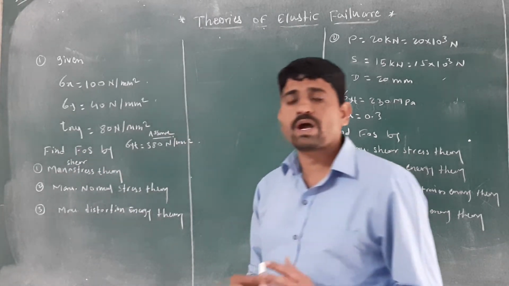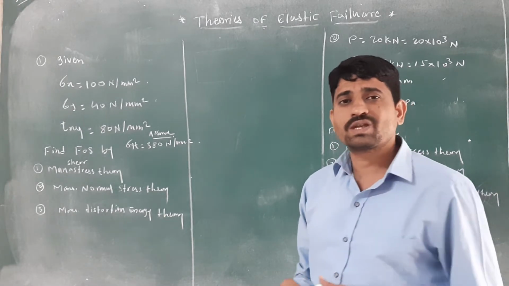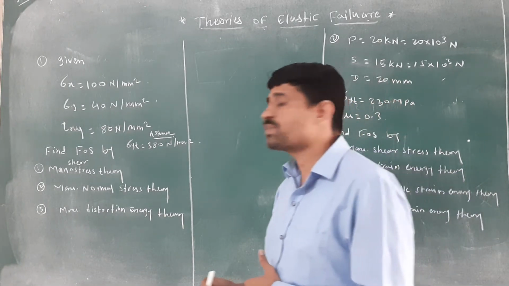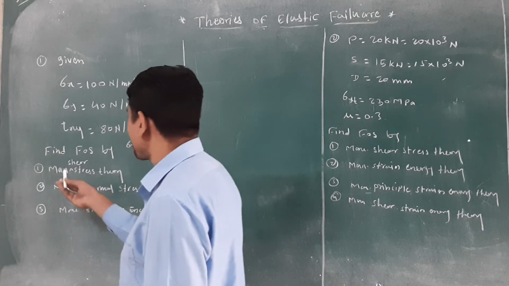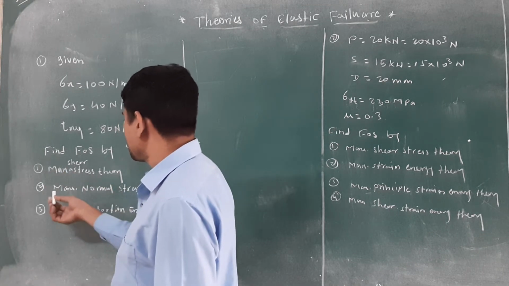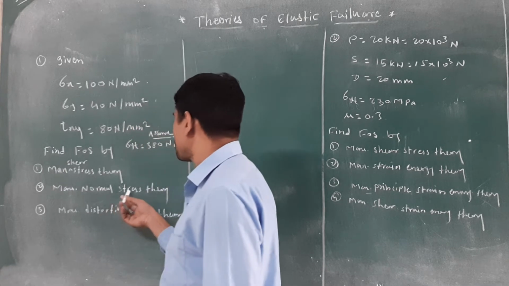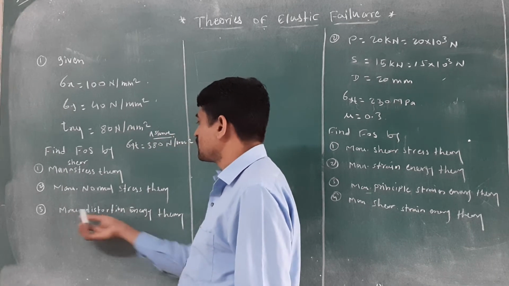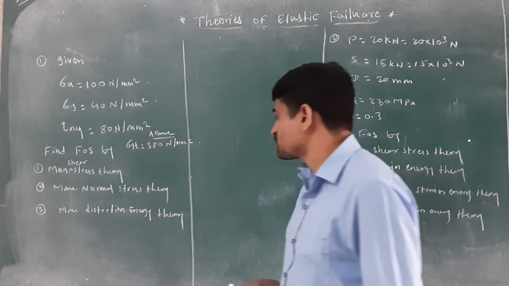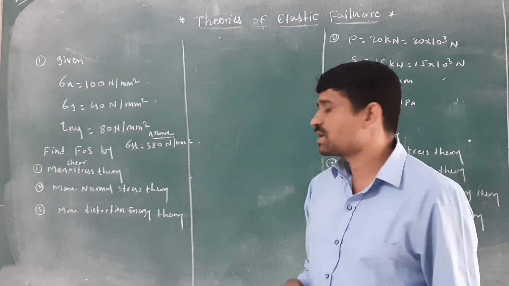Then we want to find the factor of safety by different theories. First is the maximum shear stress theory, second the maximum normal stress theory, and third the maximum distortion energy theory.